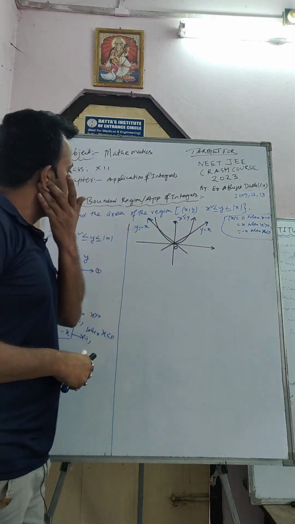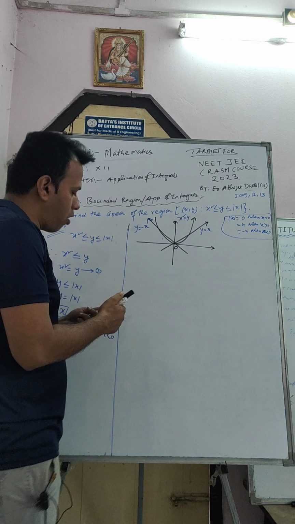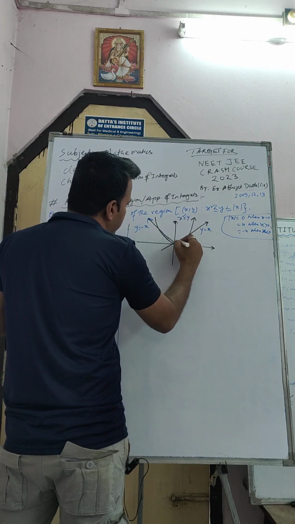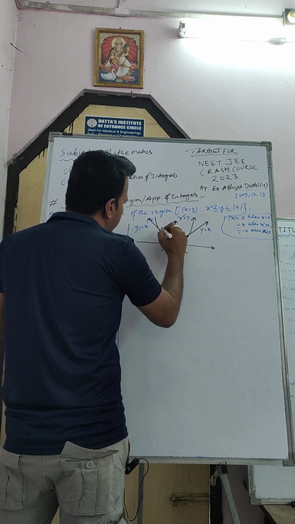Now we have to find out the bounded area. So what is the bounded area? This part and this part will be the bounded area.